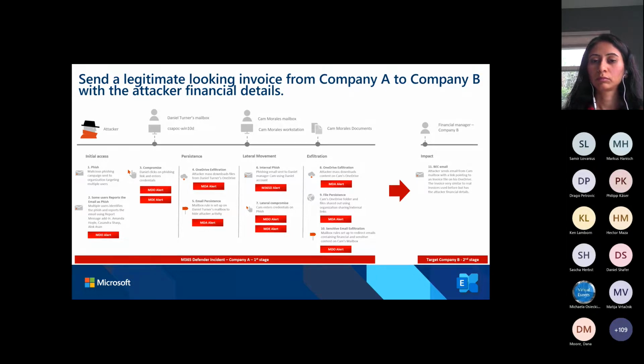So try to compromise accounts in company A, do information gathering, do lateral movement, get to a point where we have enough information gathered from communication when there is that financial moment happening, and create an invoice, which is actually a real invoice, just modifying some of the properties like financial information, bank account numbers, and then targeting company B with a very well crafted email, which is coming in the same pattern like usual and has the same type of invoice file, but not with the attacker invoice details.